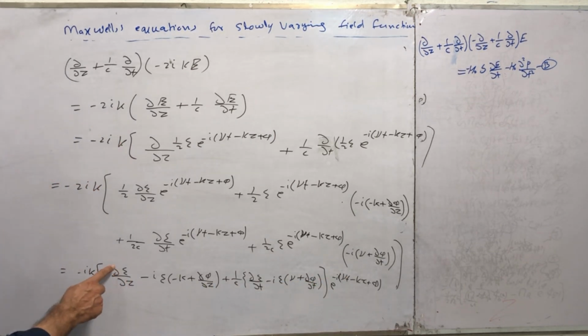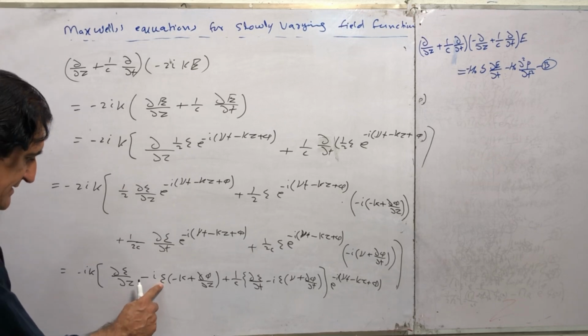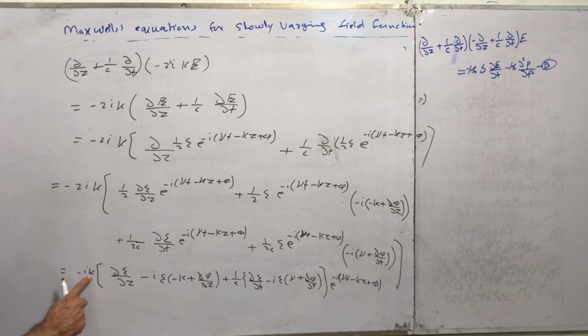In the previous case there was no k. So we cannot apply partial e divided by partial z being very less than e or nu or some other thing, because here we have multiplication of k with this term.